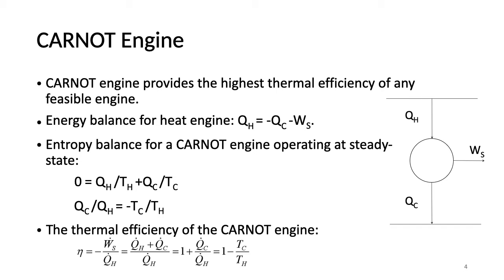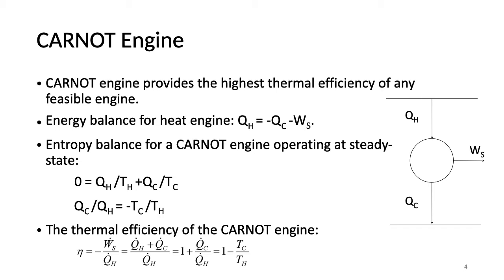For one cycle of operation, the engine starts at an arbitrary state x and comes back to that same state x, so there is no entropy change. Therefore, the entropy balance becomes 0 equals QH over TH plus QC over TC. We can convert it to the form QC over QH equals minus TC over TH.